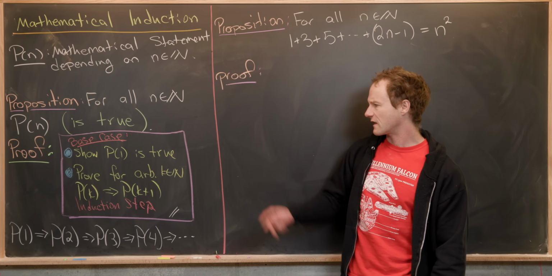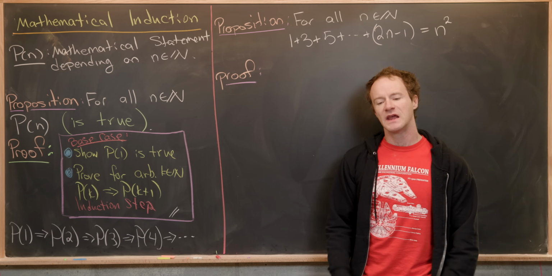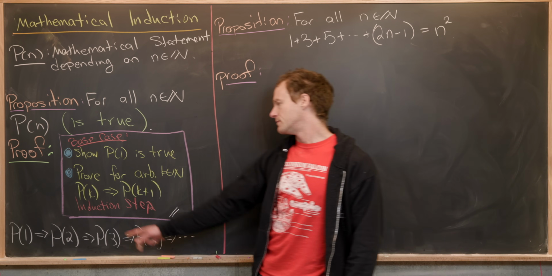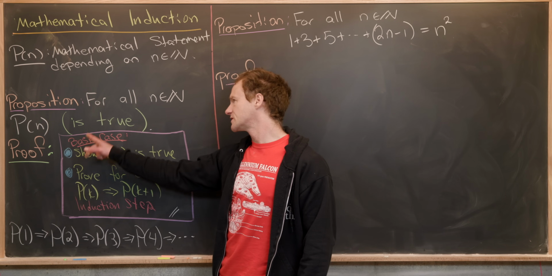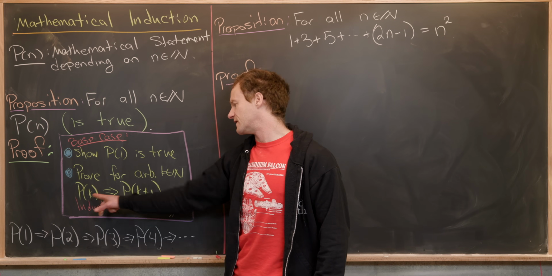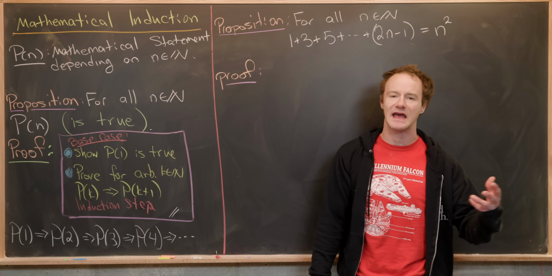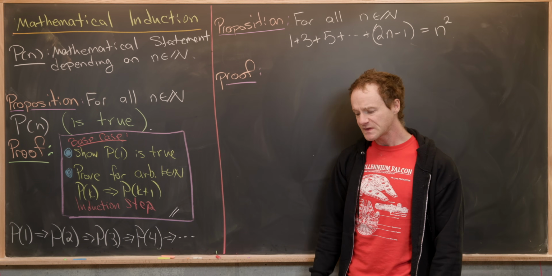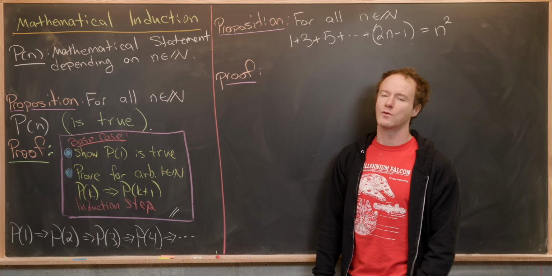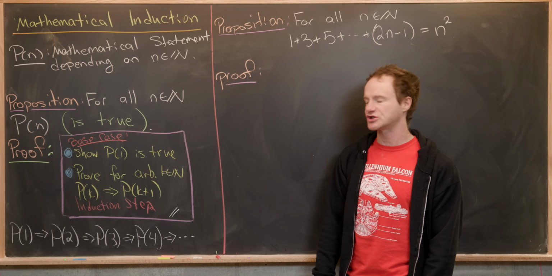But you could also write it like this as an implication. And here I'm being a bit sloppy because often you also use the base case within this induction step. So you're not just assuming Pk, but you're assuming Pk and P1.